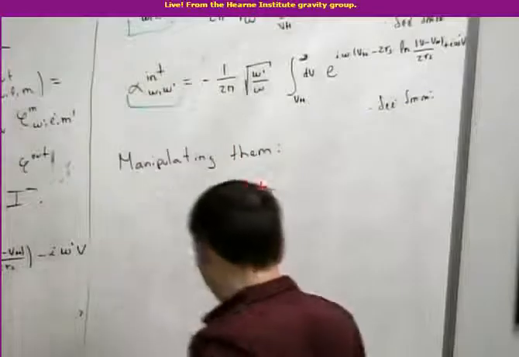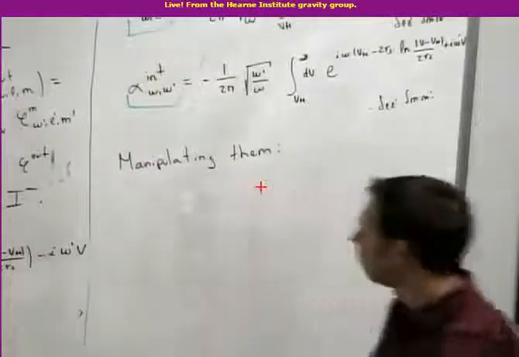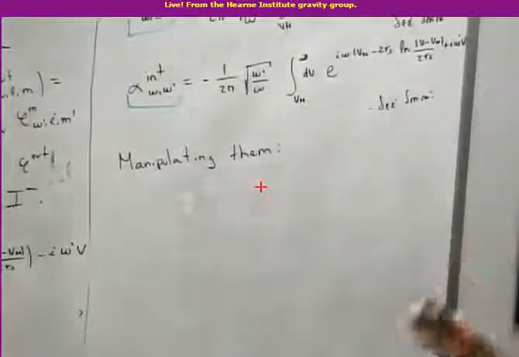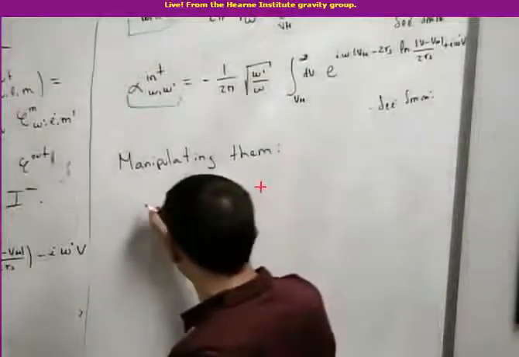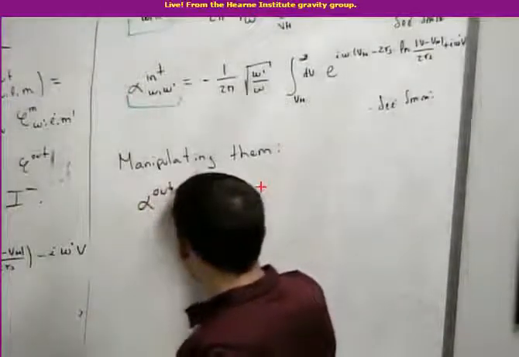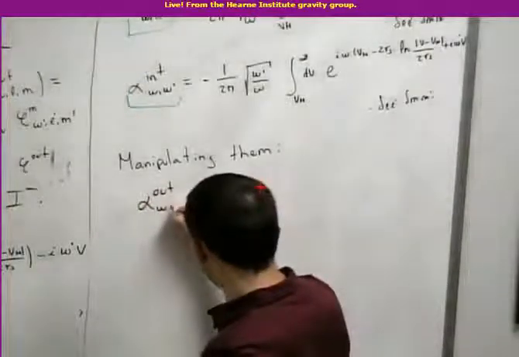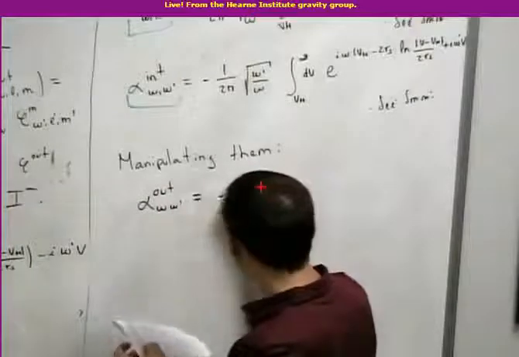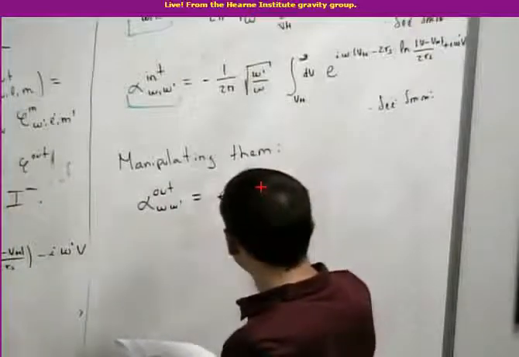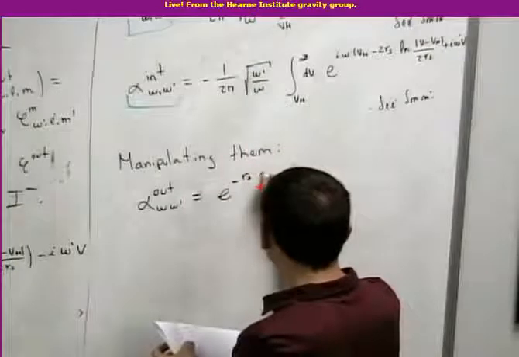That will take me maybe 15 or 20 minutes of manipulation, so I'm not going to do it. You can try to do it, just to show that these relations between the coefficients are true.